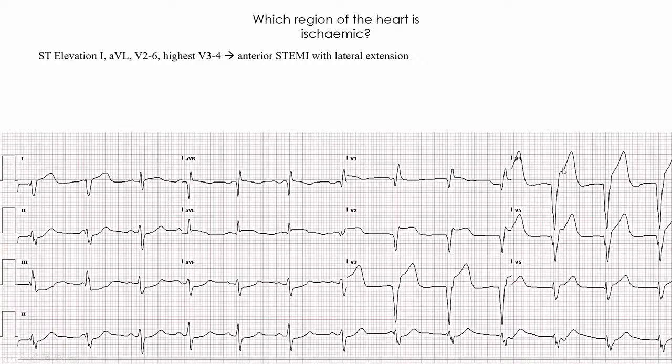Certainly the most marked elevation is in V3 and V4, but as you can see, we're extending into those lateral leads as well, V5, 6, 1, and AVL. So this is an anterior STEMI with lateral extension. Now, what about our reciprocal depression? Well, with an anterior STEMI, you expect reciprocal depression in the inferior leads, and that's what we've got here. We've got reciprocal depression in lead 2, lead 3, and AVF.